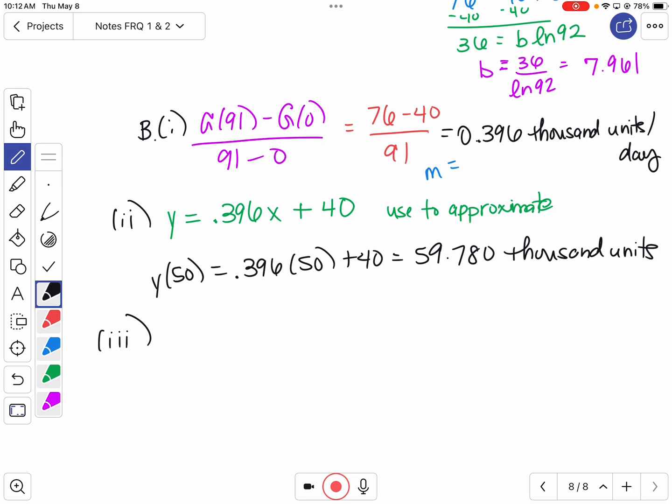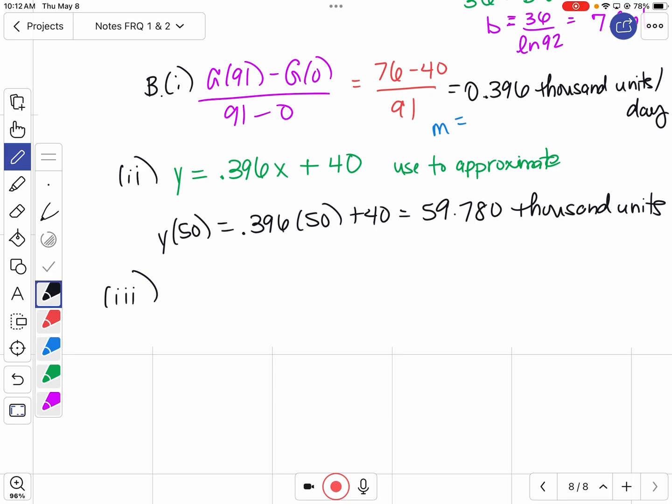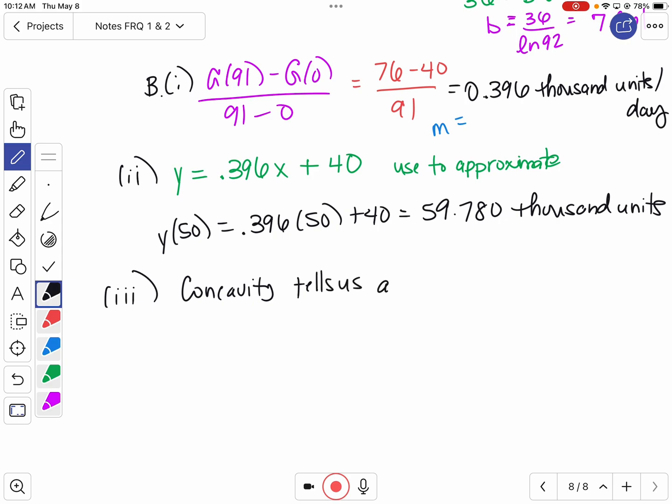Okay, why would that be true? What is it we look at to see if my approximation is over or under? We could look at a residual. What else could we do? What else tells me about over and under approximations? Concavity. Okay, concavity tells us about under and over approximations, right?